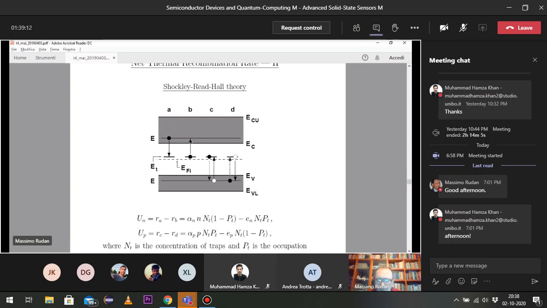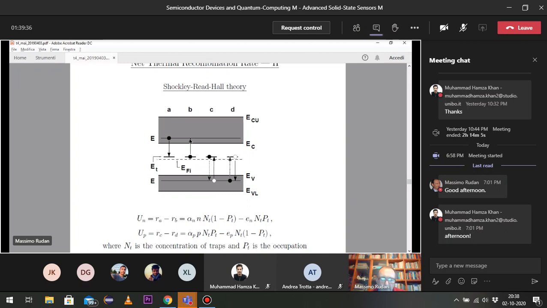So in principle, we should consider two more populations, so to speak, those of particles that are trapped in the acceptor type traps and those of particles that are trapped in the donor type traps, okay?